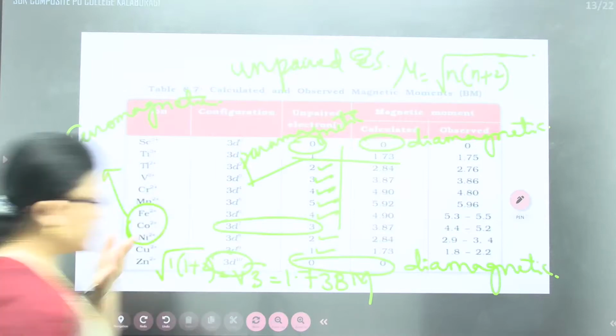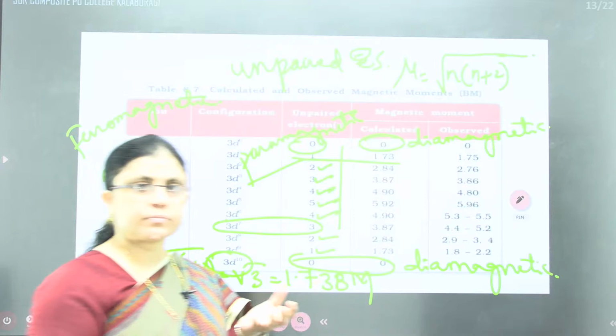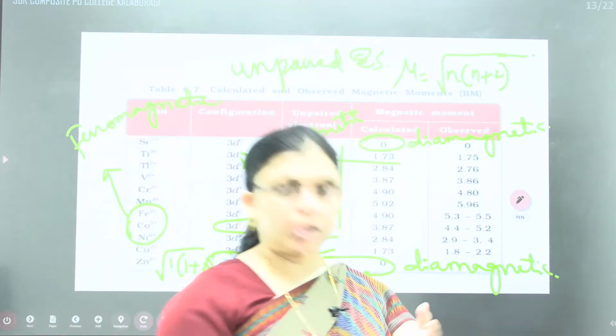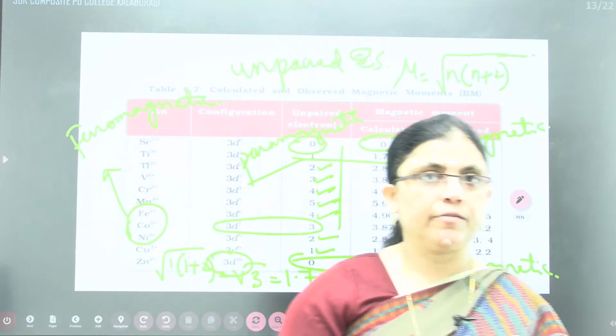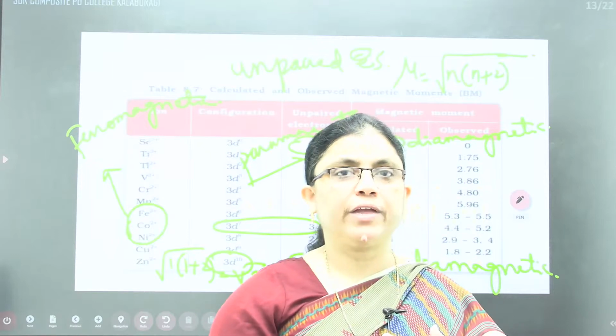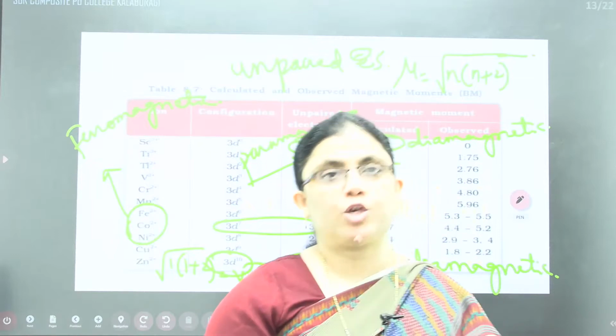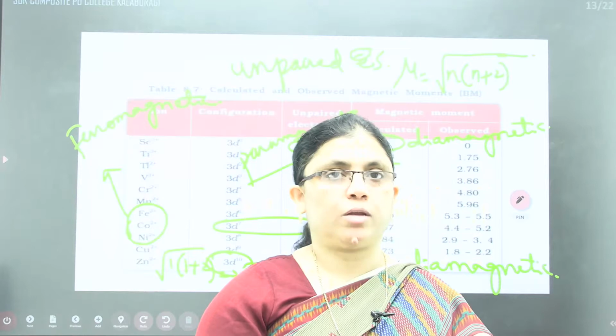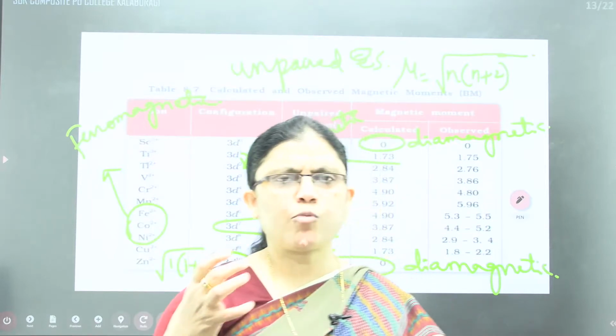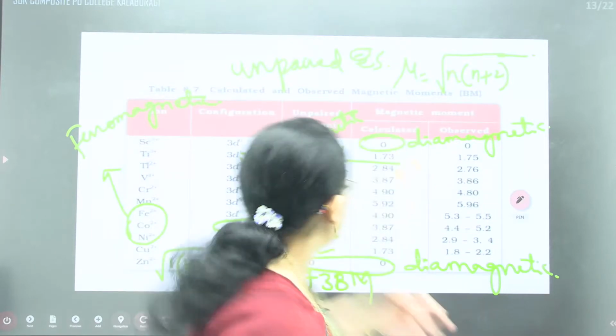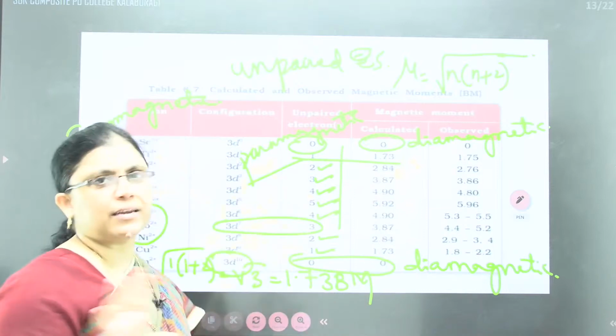Some of the properties remain, so we will continue with the magnetic property, catalytic behavior, and why they are involved in complex formation and colored nature. All these are some of the important characters. With respect to n only we are deciding their color.